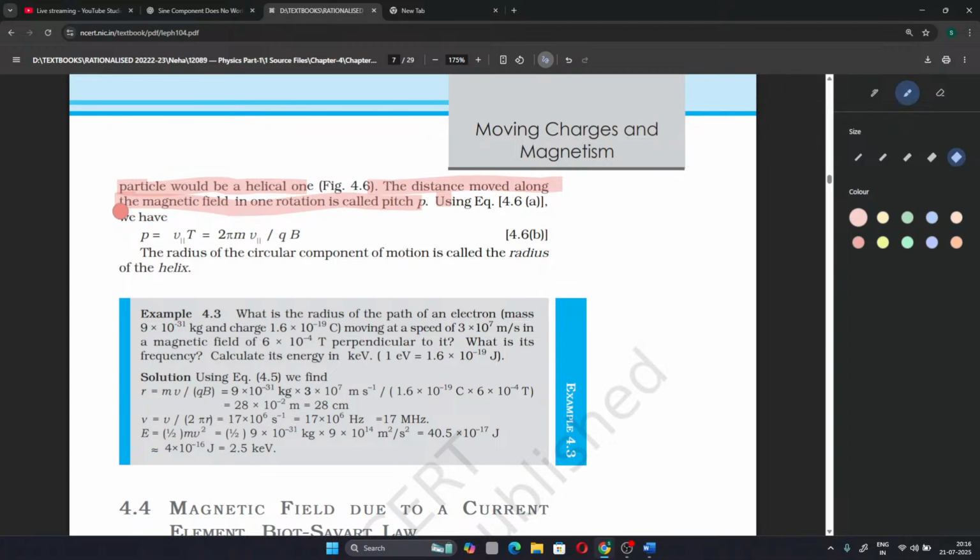Pitch equals v parallel, the velocity component V cos theta along the magnetic field direction, times the time period, which is 2 pi m by qB.